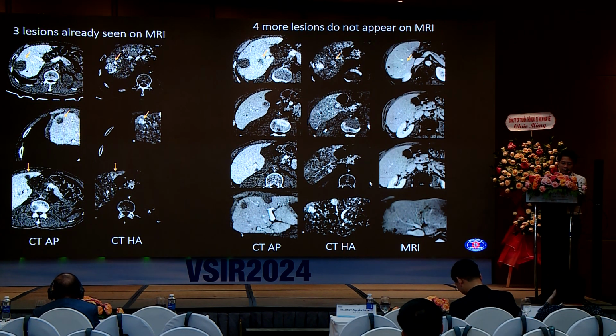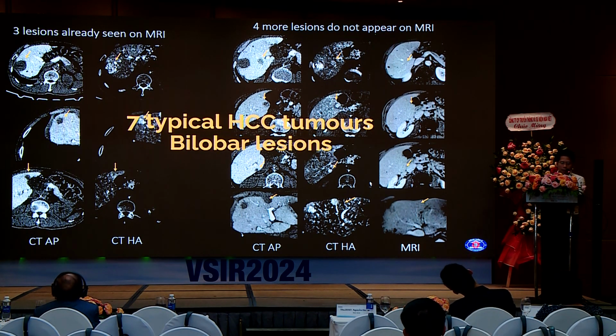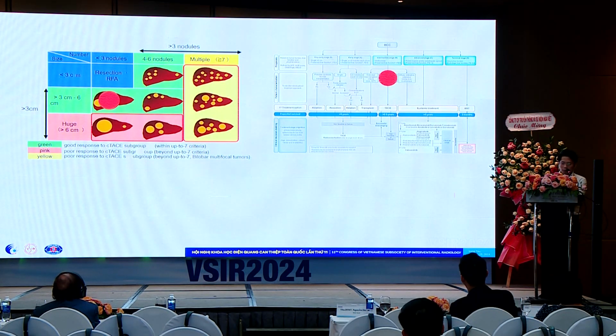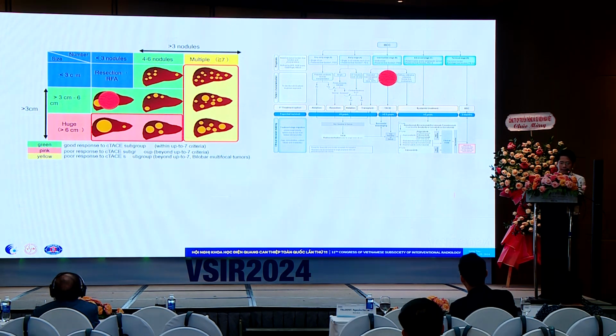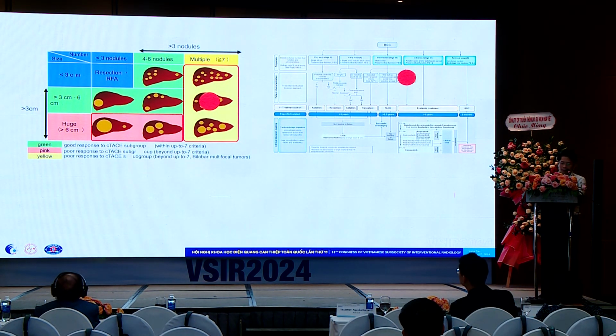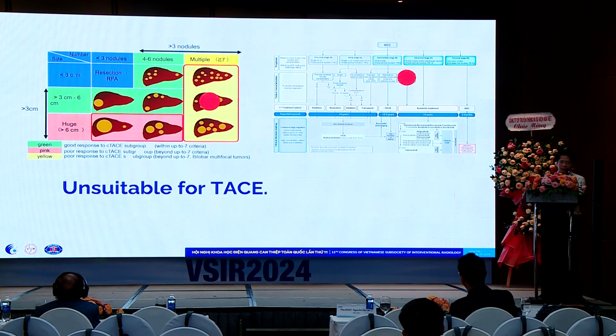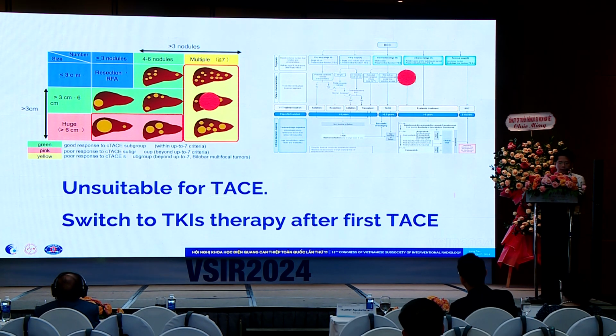You can see the first, the second, the third, and the fourth, very typical for HCC, but there is nothing on MRI in the same location. So in fact, the patient has 7 typical HCC tumors and bilobar lesions. Based on both the consensus and guidelines, the patient is switched from suitable for TACE to unsuitable for TACE. So after the first day, we switched the patient to TKI therapy.